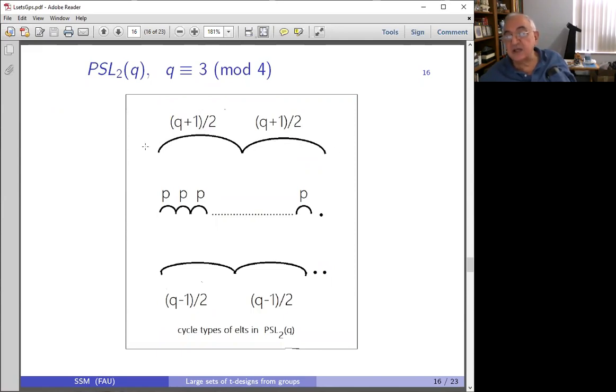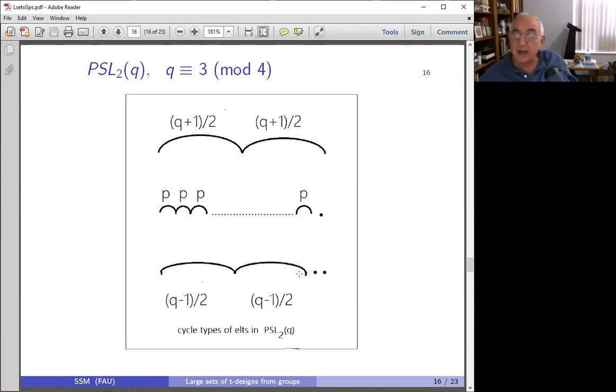It doesn't fix anything. A generator of order P would look like this. And of course, notice that if P itself is Q, then we have one big single cycle plus a fixed point. And then we have a generator of cyclic subgroups of order Q minus 1 over 2 looking like this.